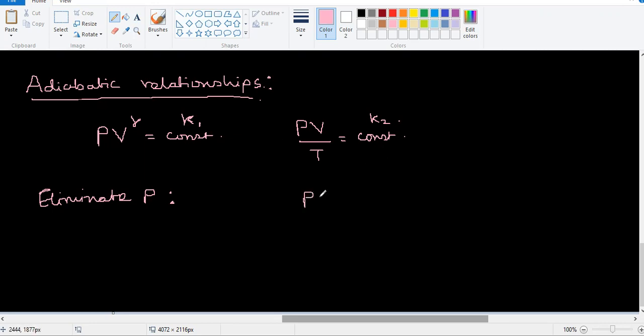P can be written as K2 T divided by V. Substituting, I get K2 T divided by V into V power gamma is equal to K1.